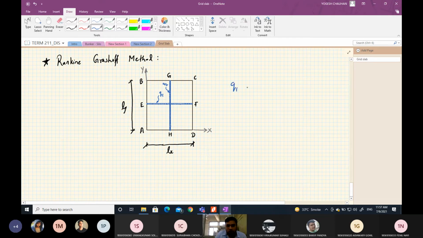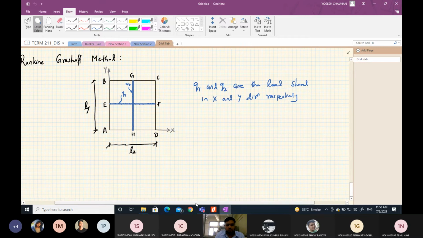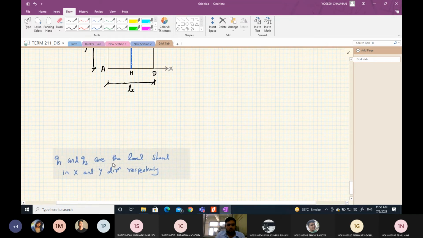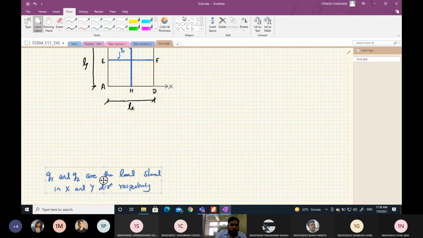Okay. So what is Q1? Q1 and Q2 are the load shared in x and y direction respectively. Now consider this strip EF.